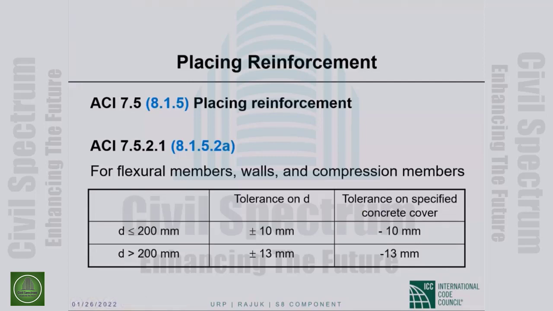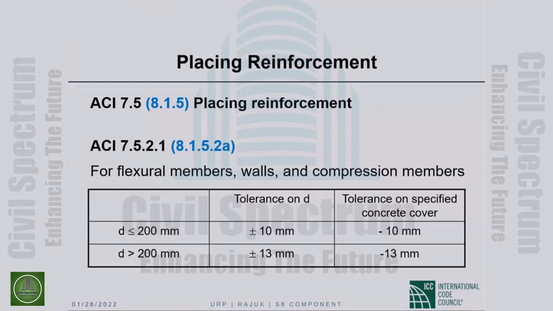It used to be minimum cover in ACI 318, but at one point, I don't remember, 318-02 or 08, we went to specified cover, like specified compressive strength. The engineer specifies the cover, and what we get is the specified value subject to tolerances. Okay?